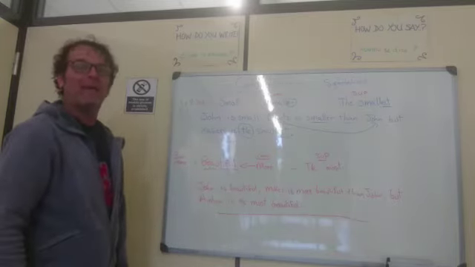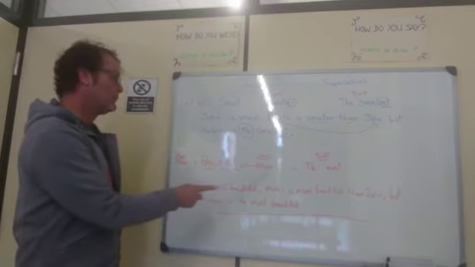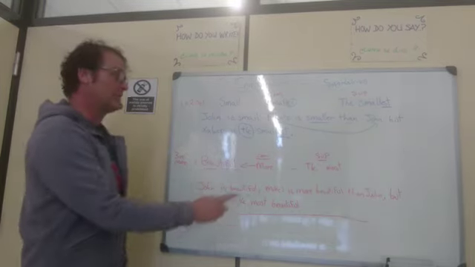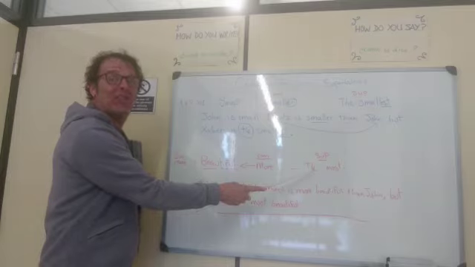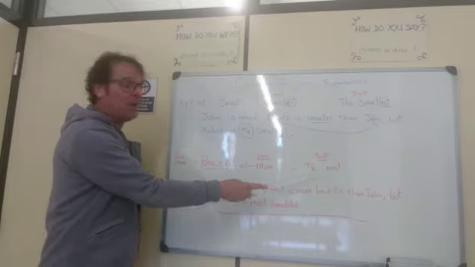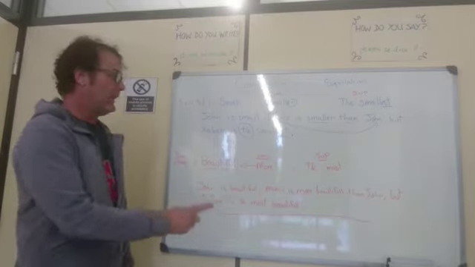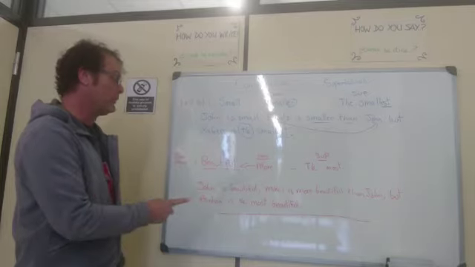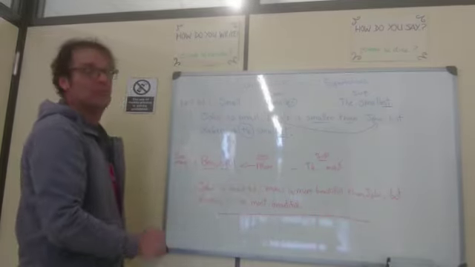The comparative is more, so more beautiful is the comparative. And then for the superlative, once again, we use the as the article and most to create the superlative. So, beautiful, the comparative is more beautiful. The superlative is the most beautiful.